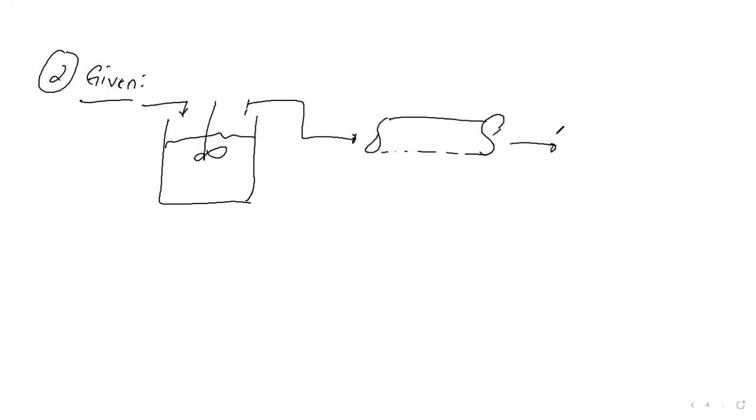And this is CAO. By the way, we have two streams being fed to our first reactor, so we cannot just have a CAO. So in this case, I'd like to move this up. I have to have it like that.